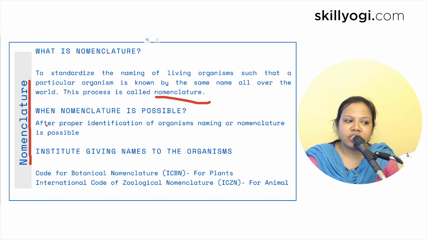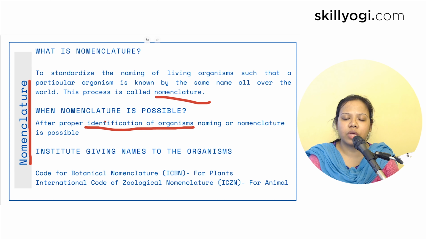When is nomenclature possible? Only after identification of the organism can you give its name, or nomenclate the species.